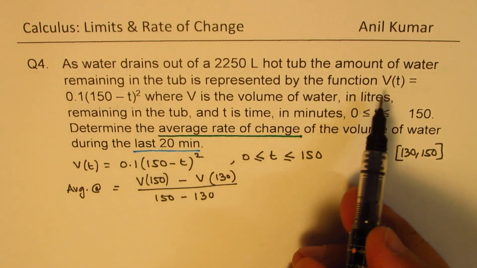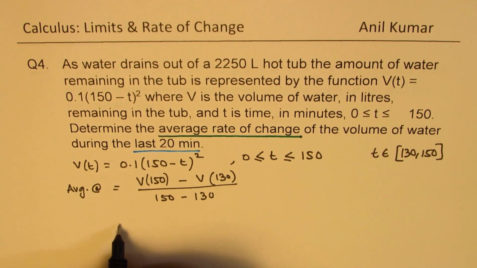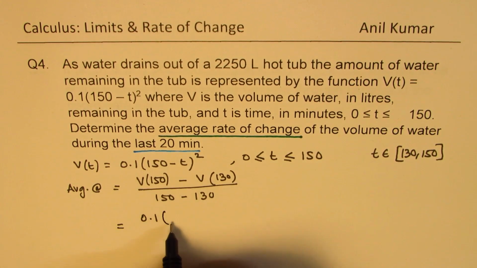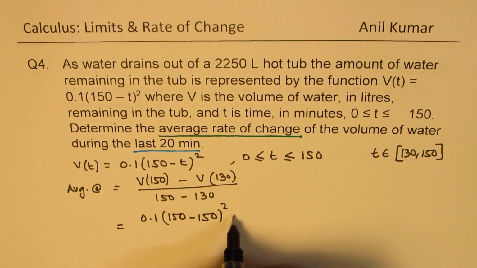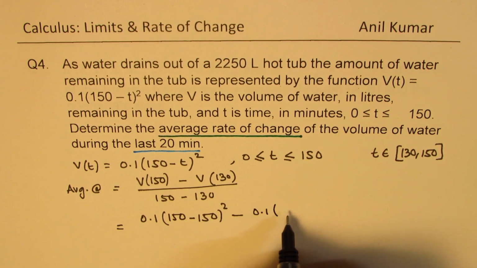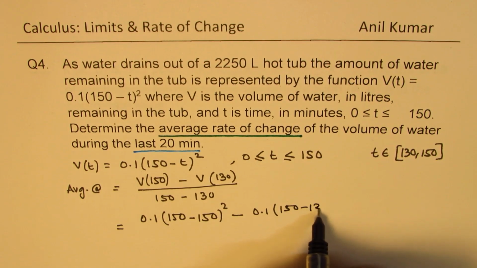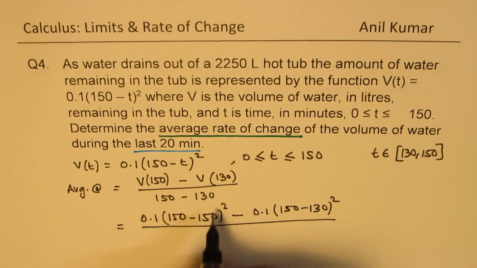So let's substitute in this equation t as 150 and 130 to calculate. So we get here 0.1 times, when I substitute 150, I get 0, right? 150 minus 150 whole squared. And then for 130, we get 0.1 times 150 minus 130 whole squared, divided by 150 minus 130, which is 20. Is that clear to you? Right.